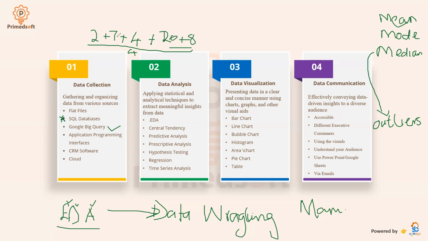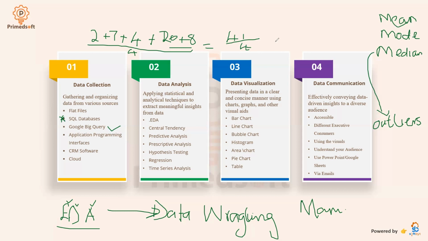Add the numbers. Can someone add it up for us? 2 plus 4, plus 7, plus 20, plus 8. What did he give us? 41. 41, thank you.